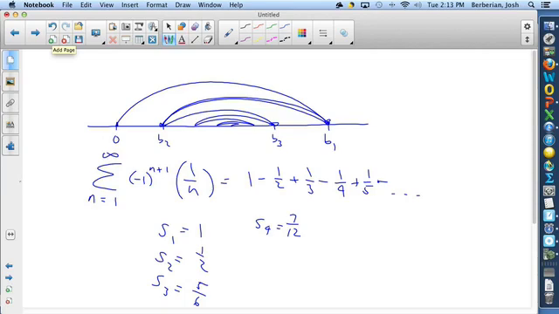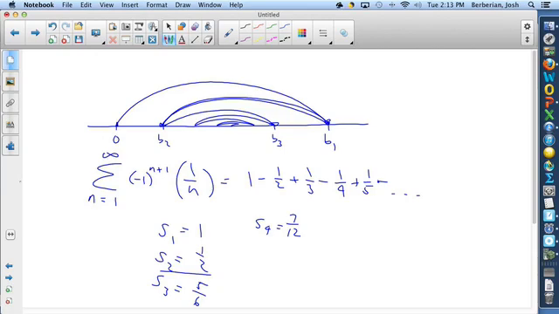I'm going to use that same argument. If I used S of 2 to approximate, if I said, hey, if I add all this up, I'm going to get a half, that'd still be a pretty mediocre approximation. But the most I could be off by is a third.